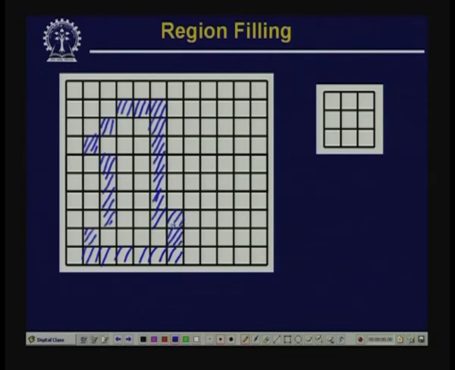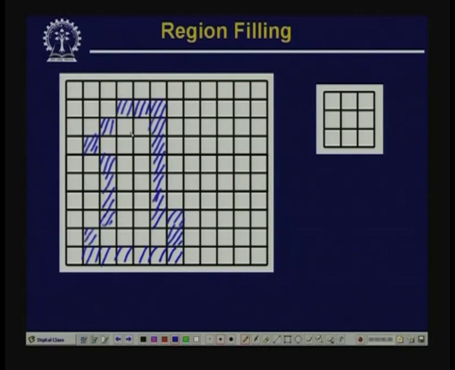So this is our given point set. Here you find that we have a set of pixels which forms a boundary, and within this boundary we have a hollow region which is simply represented by white pixels.